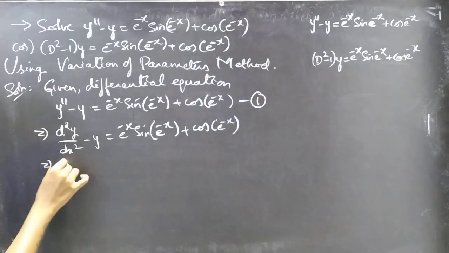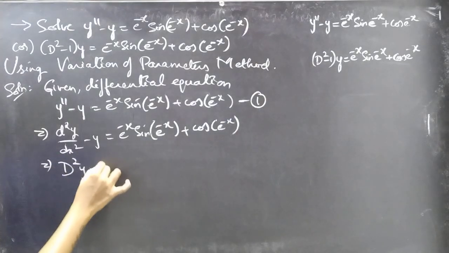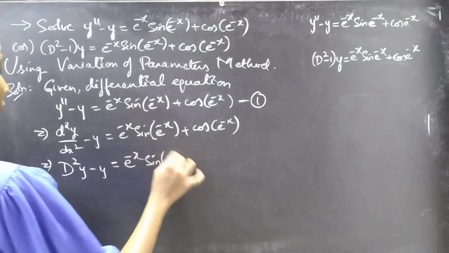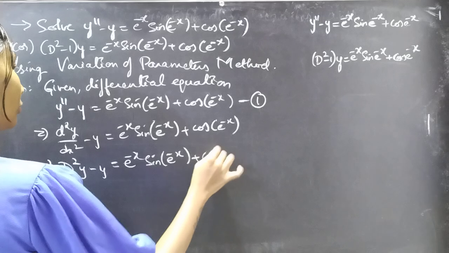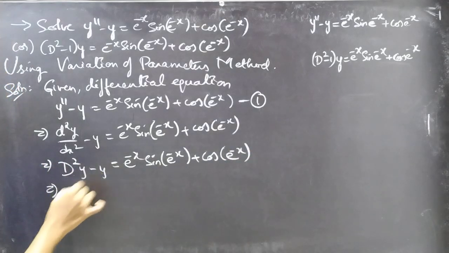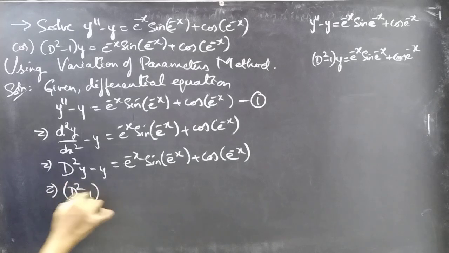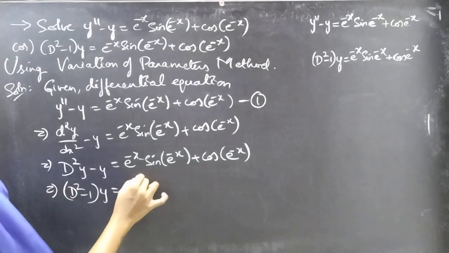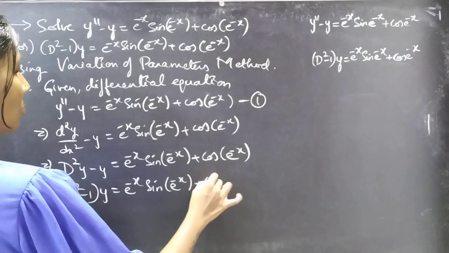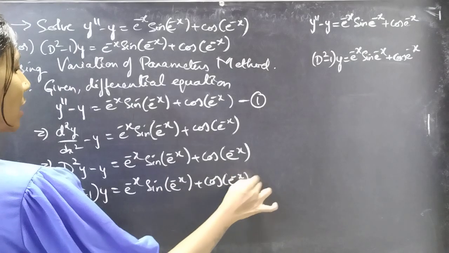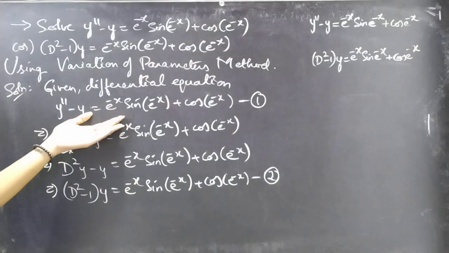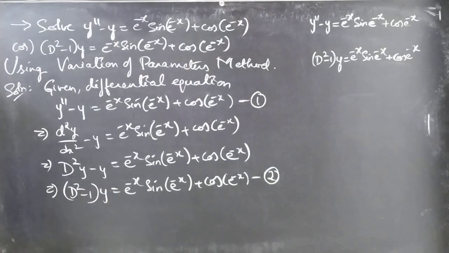We can write d²y by dx² as D²y using differential operator D. Now take y common from these two terms, we'll get (D² minus 1) y equal to e^(-x) sin(e^(-x)) plus cos(e^(-x)). Consider as equation 2, which is in operator form. Equation 1 in operator form is our equation 2.